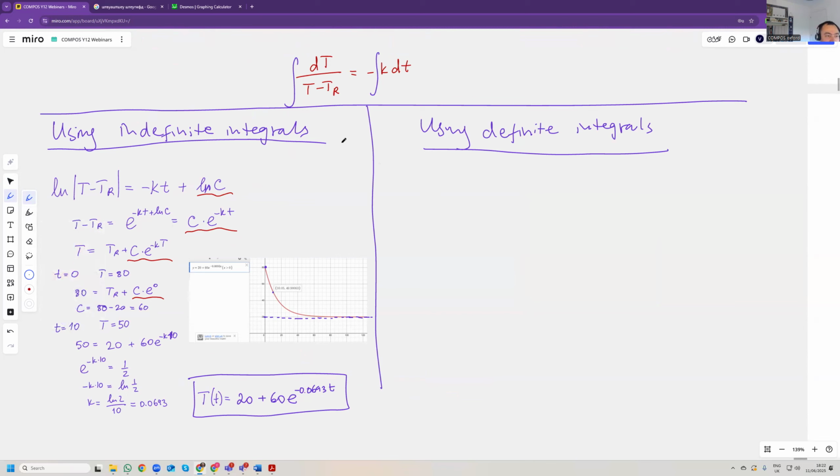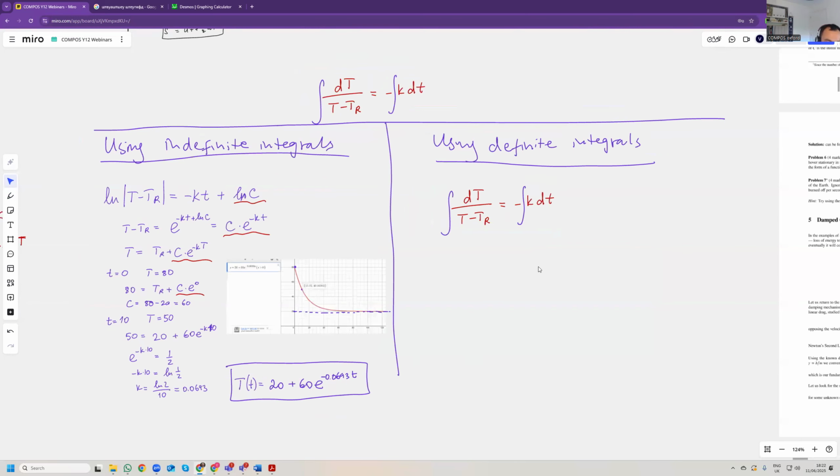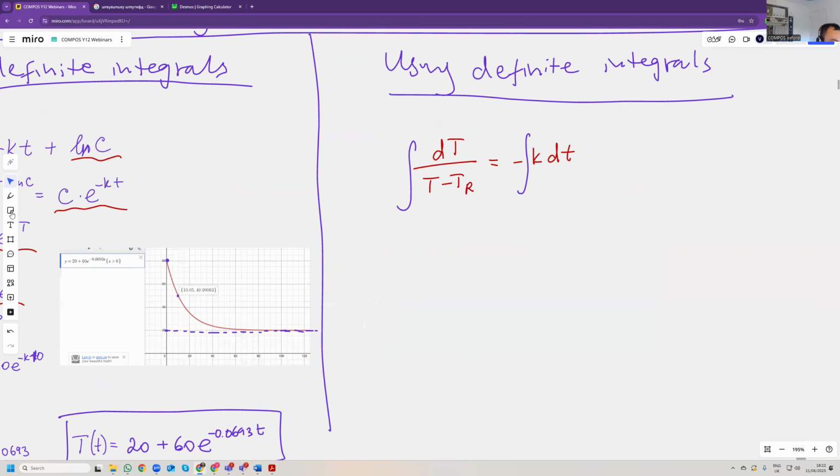In this case, I rewrite the integral, but I change the limits. I apply the limits of integration. I know that the time starts at 0 and finishes at t, and the temperature starts at 80 and finishes at T. T is the final temperature or the current temperature.